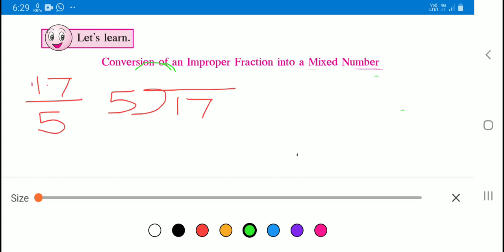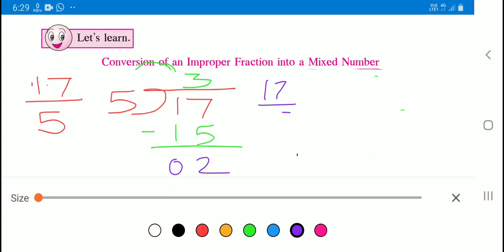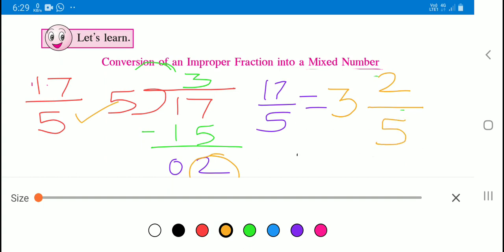Now quotient is 3, 5 threes are 15. How much remains? 2. Now we will write this 17 upon 5 into mixed number. First of all we have to write the quotient, that is 3. Then the remainder, that is 2, and then divisor as a denominator. So we converted 17 upon 5 into mixed number, that is 3 and 2 upon 5.